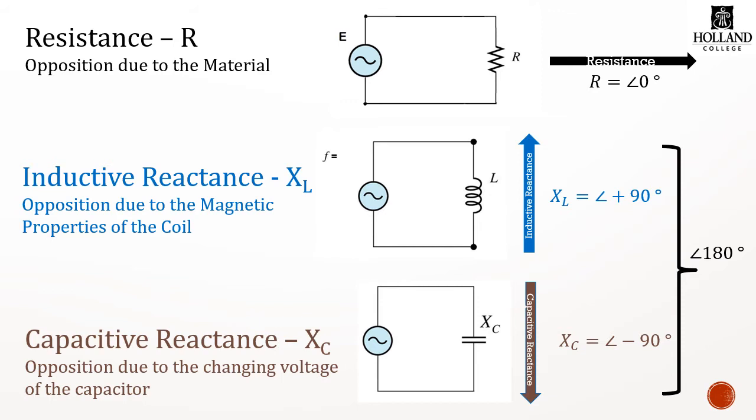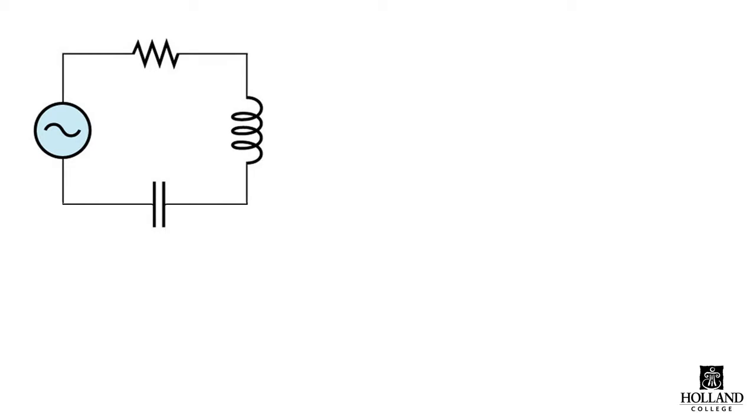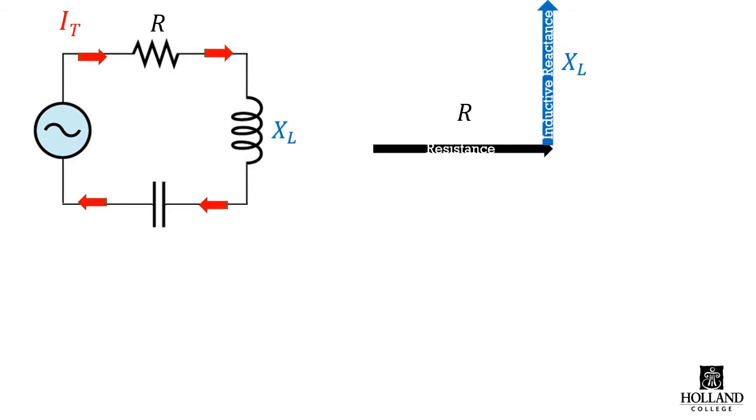And this makes the math a whole lot simpler. So what about when we have a series RLC circuit? Well, as our current flows through the circuit, the resistance, the inductive reactance, and the capacitive reactance are going to impact the current.